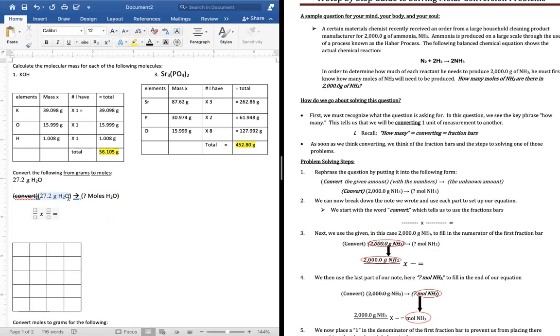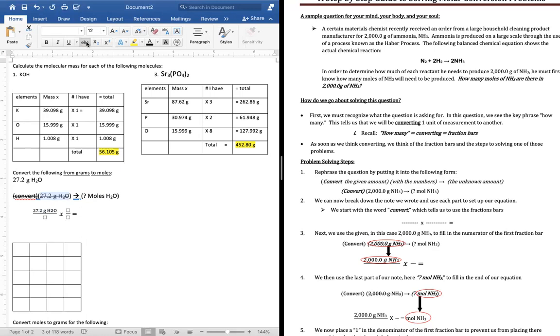The second part of my note always drops into the top of the fraction bar. It always goes into this top spot. So that's step 4. We take the second part of the note and drop it into the numerator of the first fraction bar. So I'm going to plug that in there. Now I can cross this out.